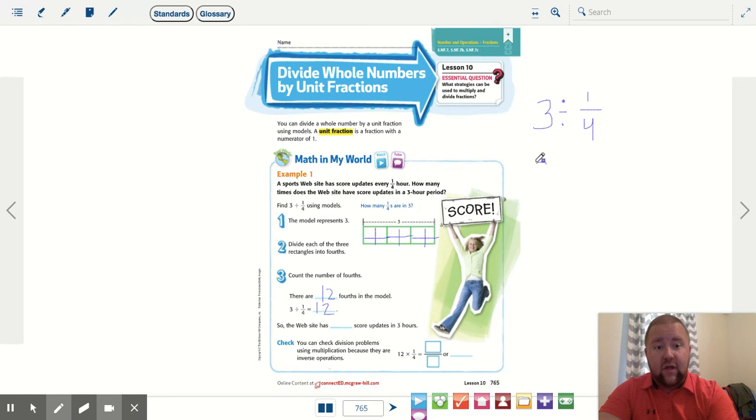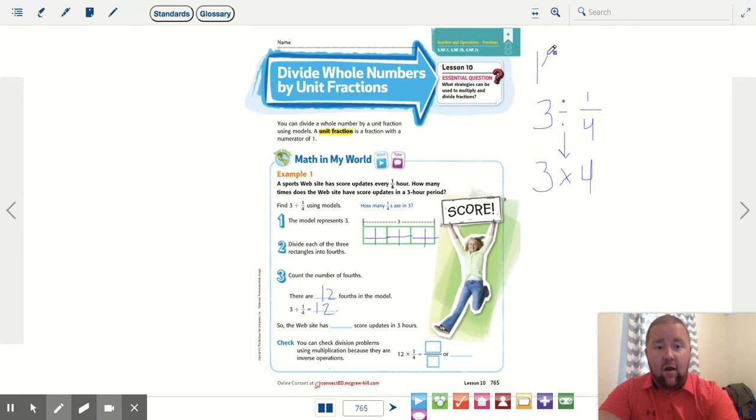So we're really taking 3 and multiplying it by 4. Here's how we get there. We're taking the 3 and keeping it alone because we start out with 3 wholes, and there are 4 in each section. So instead of dividing, we're changing our sign to a multiplication sign. And since there are 1/4 sections, we have 4 of them. So that's where the 4 is coming from.